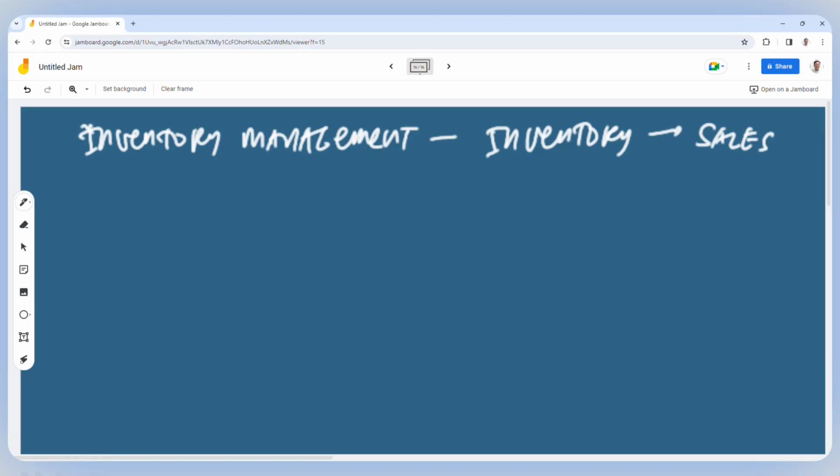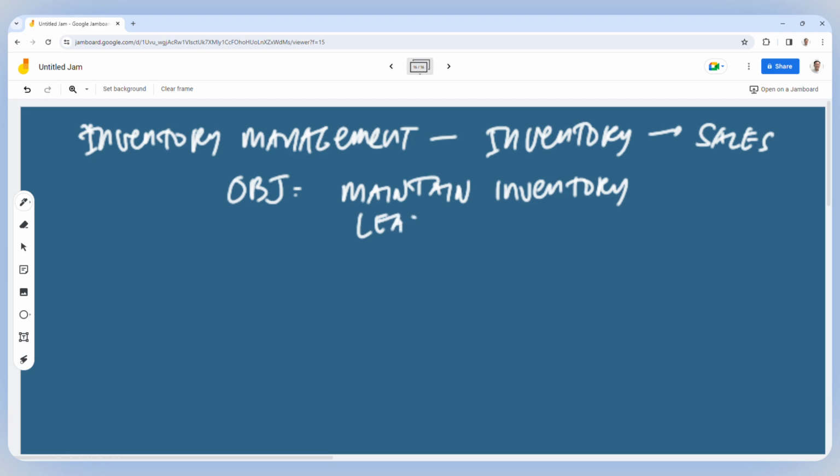And it is to be converted into cash, no? Our objective here is to maintain inventory level, no? And of course, to have a least cost as much as possible.